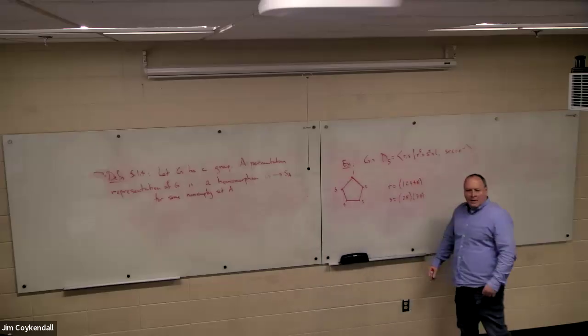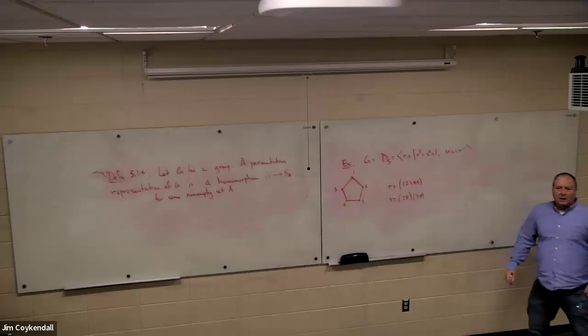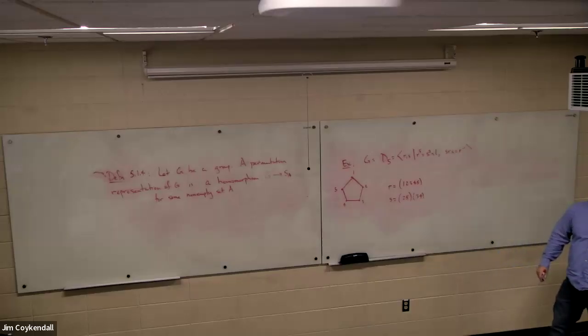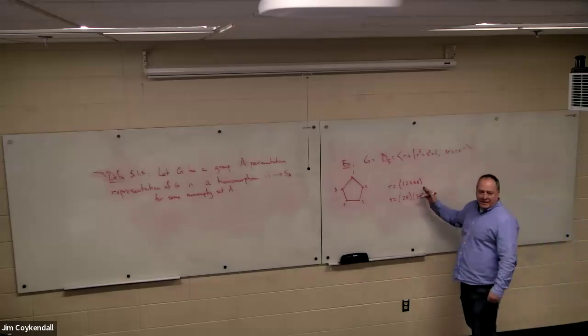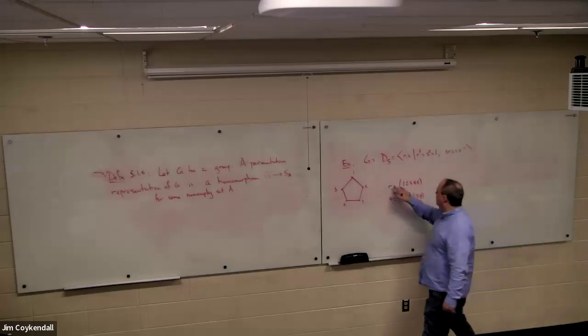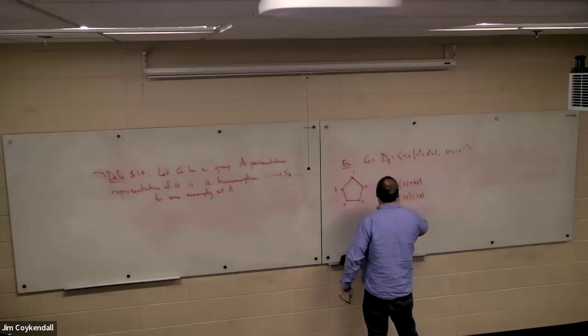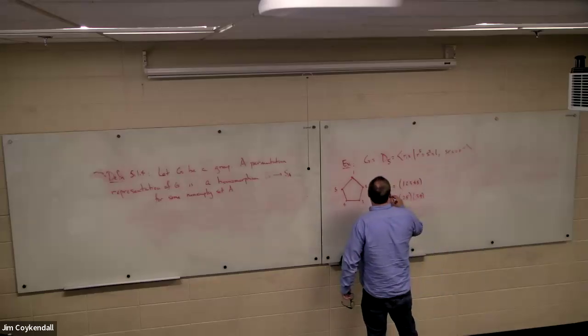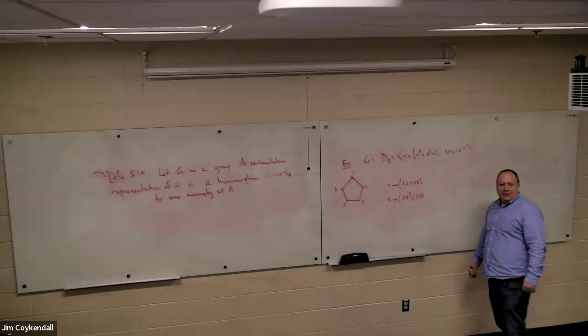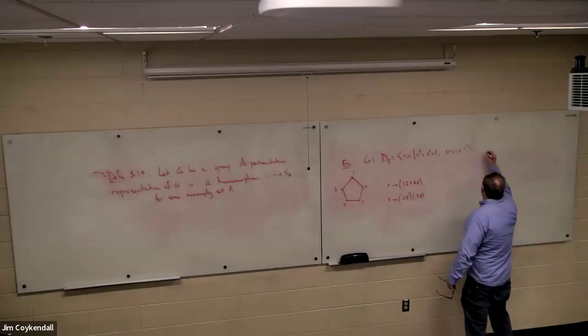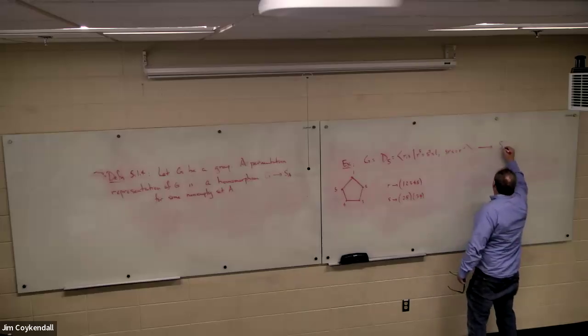Okay. You remember playing around with this pentagon, right? The dihedral group. So the permutation representation that I'm talking about here goes from D5 into S5.